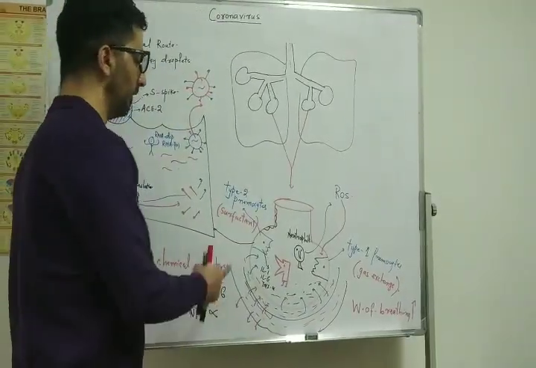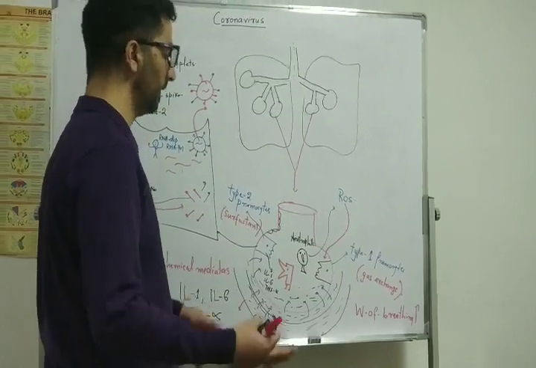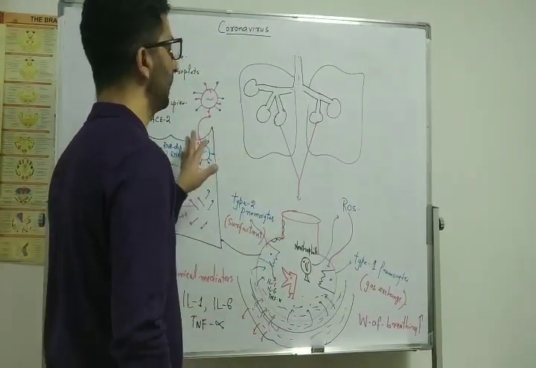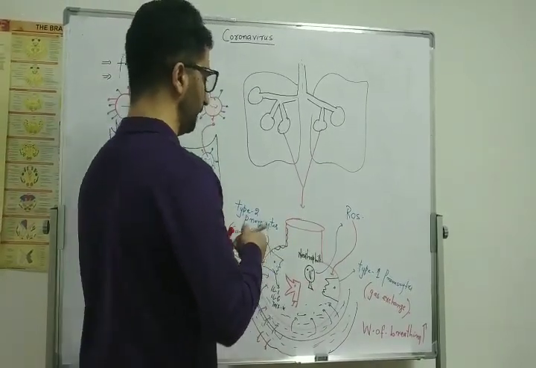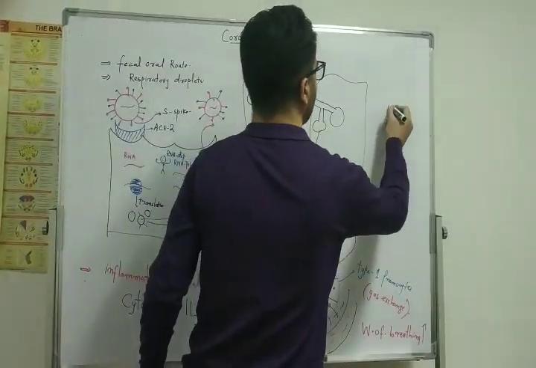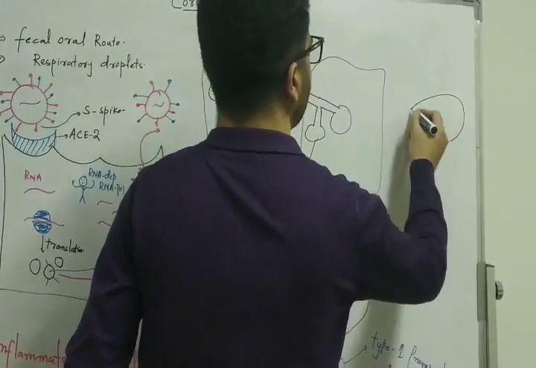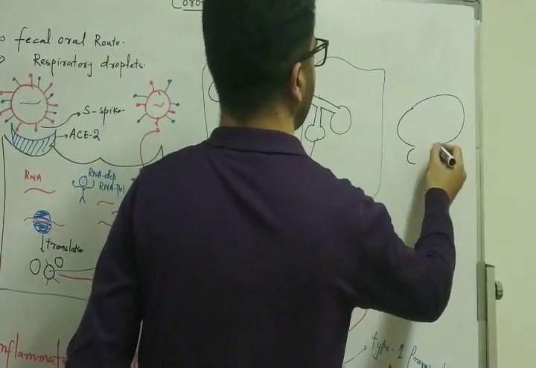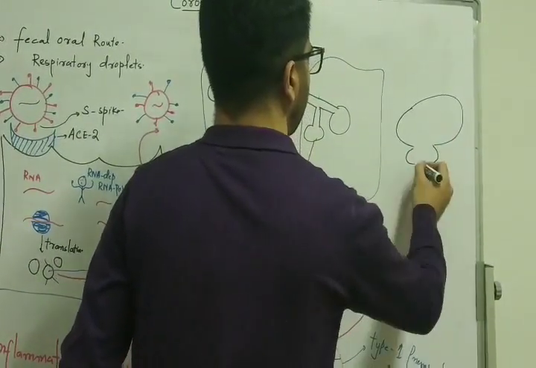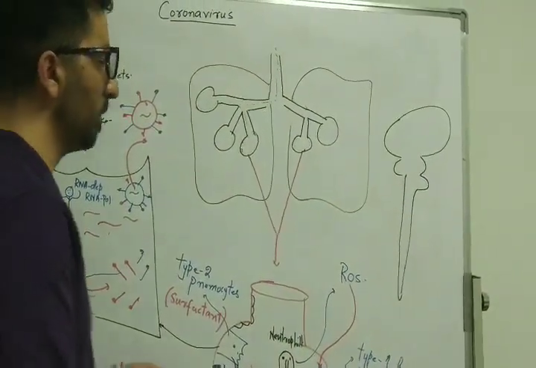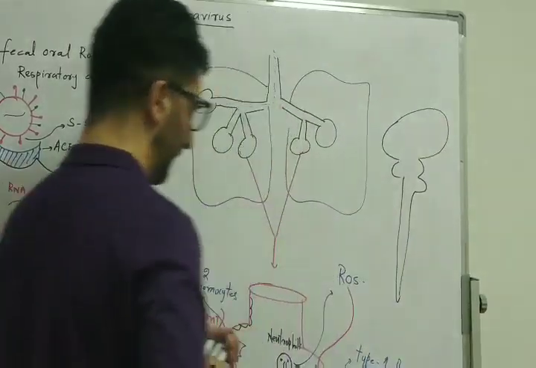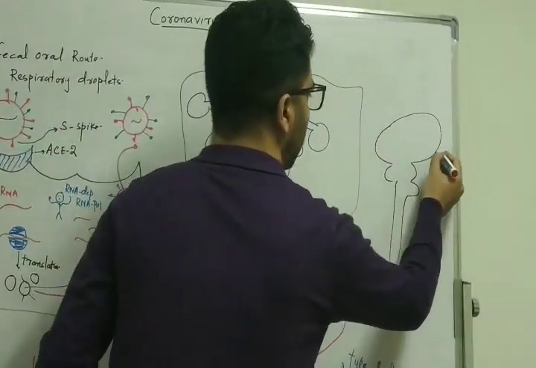These interleukin-1 and interleukin-6 also go to the central nervous system. I will draw it here, the central nervous system. There is one structure called the hypothalamus that is here on this side.